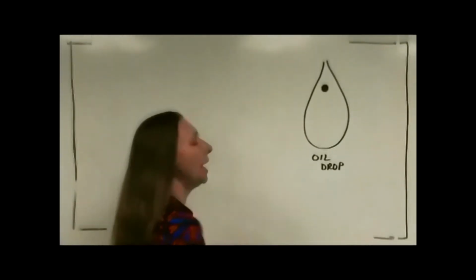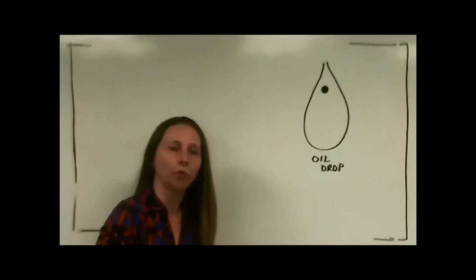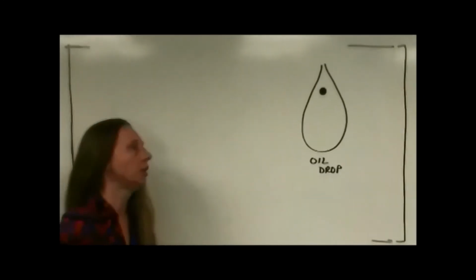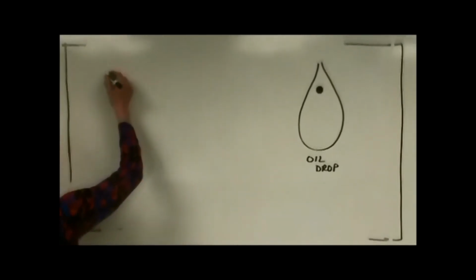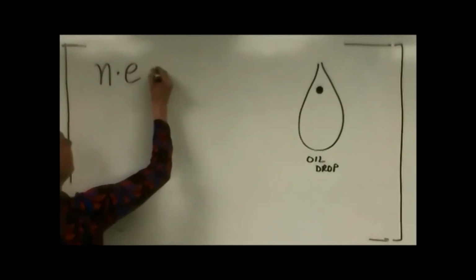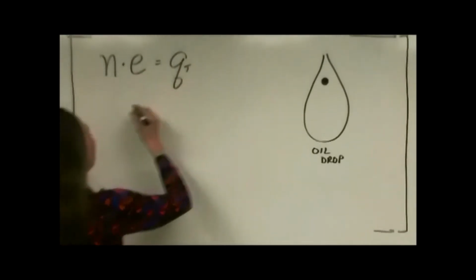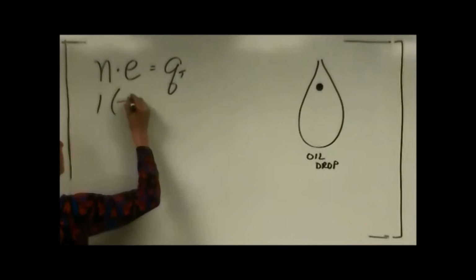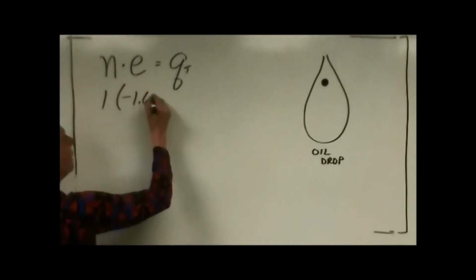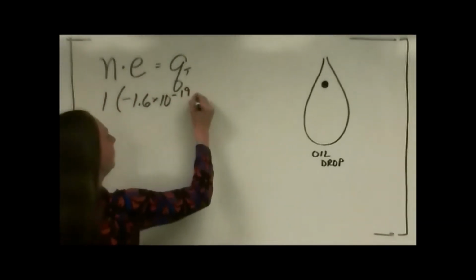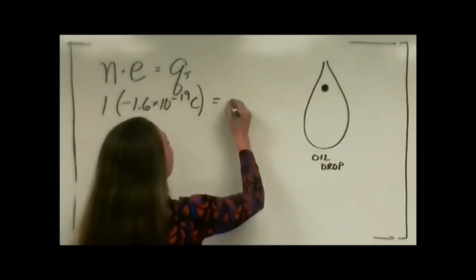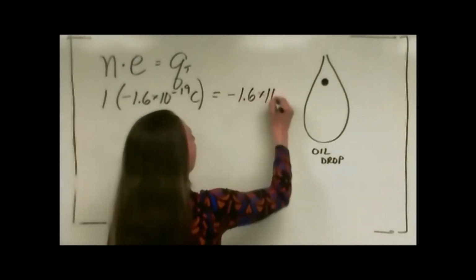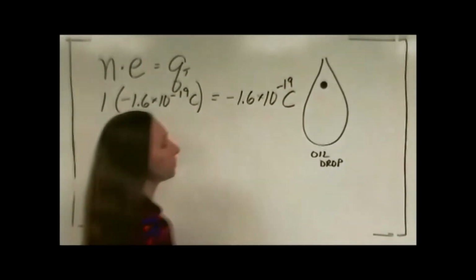Well, if there's 1 extra electron on that drop of oil, what would the charge on that drop of oil be? N times e equals the charge. So 1 electron times negative 1.6 times 10 to the negative 19 coulombs would mean that the charge on the oil drop is negative 1.6 times 10 to the negative 19 coulombs.